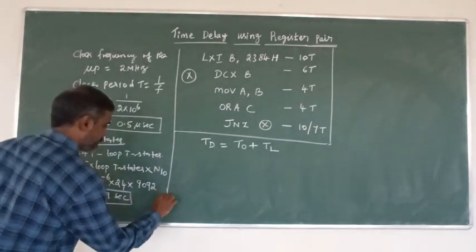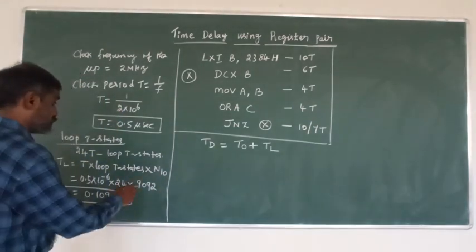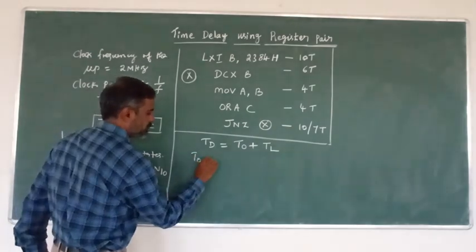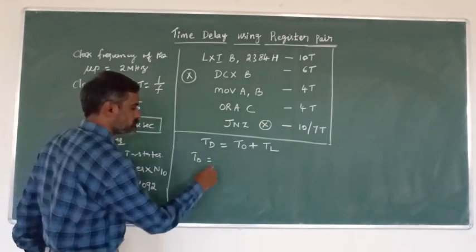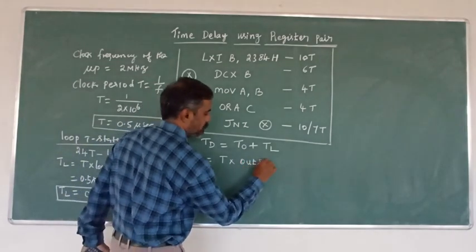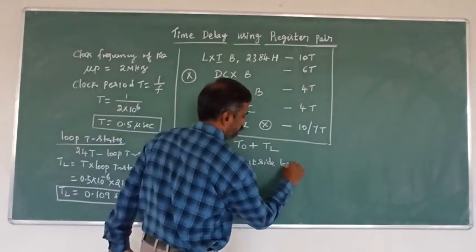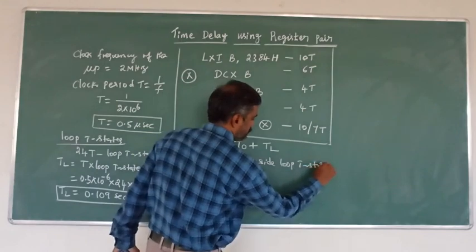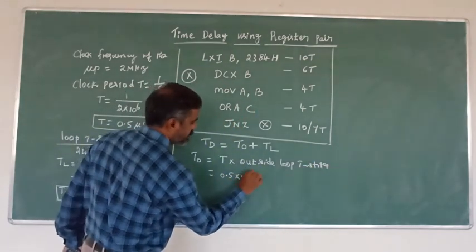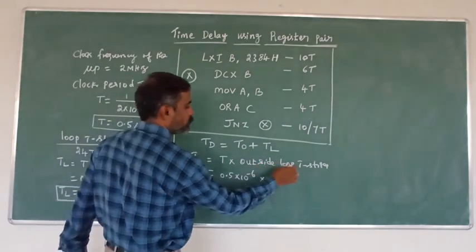Okay. Next, to calculate TO, it equals time period into outside loop T states. The time period is 0.5 into 10 to the power of minus 6, into outside loop T states.